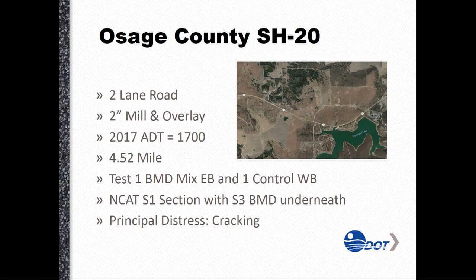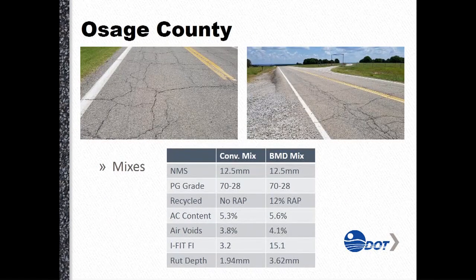And we're looking mainly at the cracking on this particular highway. You can see it. The conventional mix versus the balanced mix design: no RAP on the conventional, 12% RAP. AC content a little bit higher on the balanced mix design. We're seeing that 2 to 3, maybe 4/10 more AC is required to get the cracking test to pass. Air voids, about the same.